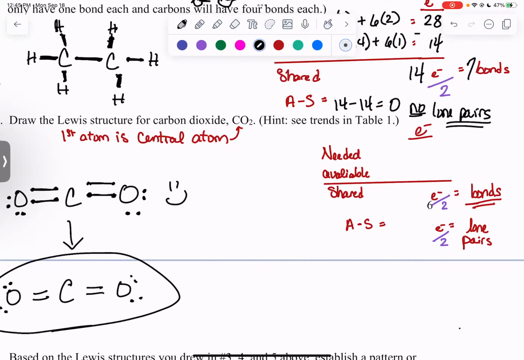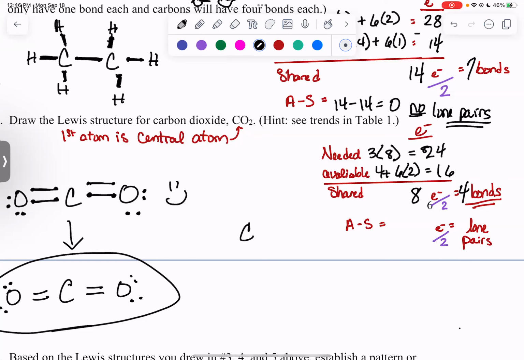There are 3 atoms, and each of the atoms needs 8 electrons, right? There's no hydrogen, so they all need 8. That's 24. Then available, carbon's got 4, oxygen has 6, times 2 gives you 16. So 24 minus 16 is 8, divided by 2 gives you 4 bonds.